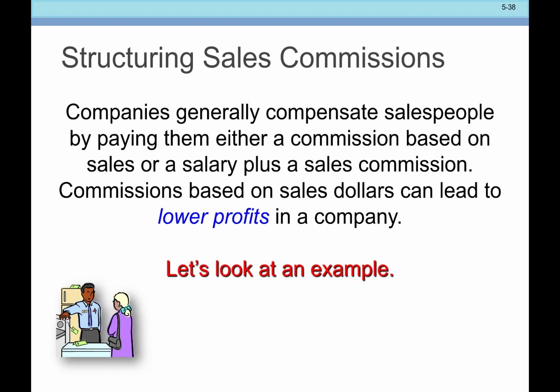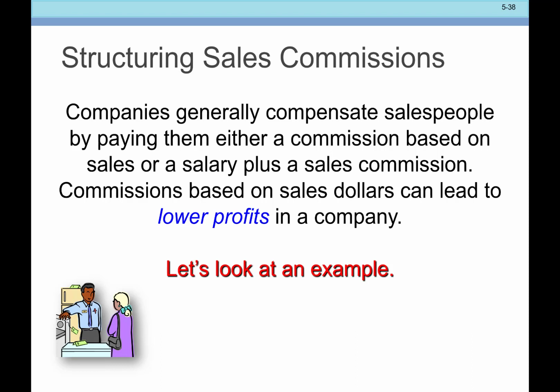You ever sell a house, the real estate person will say you have to pay me a 5% commission, and that's on the sales price. So to figure out how much money you're going to get off the sale of your house, you multiply the sales price by 0.95 to get the actual cash you'll receive, because you have to give 5% to the salesperson.